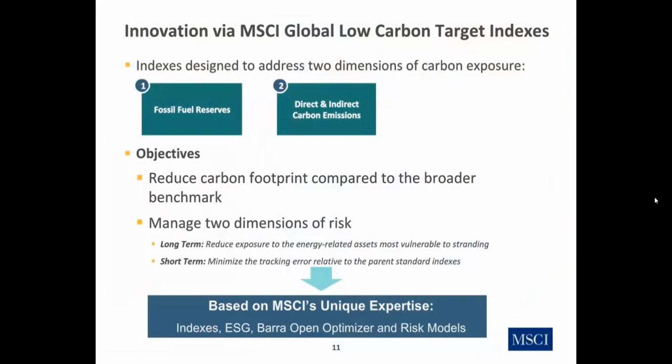The indexes are also designed to hold country and sector exposures similar to those of the parent index. In other words, the indexes seek to reduce the carbon exposure while keeping many other characteristics relatively close to that of the parent index.